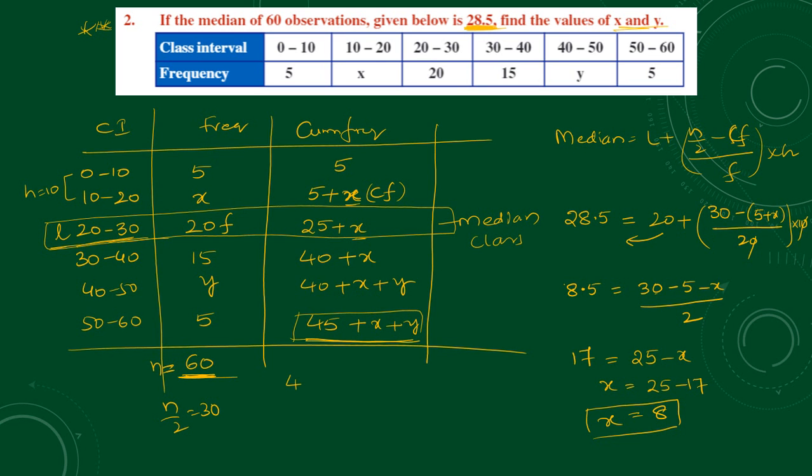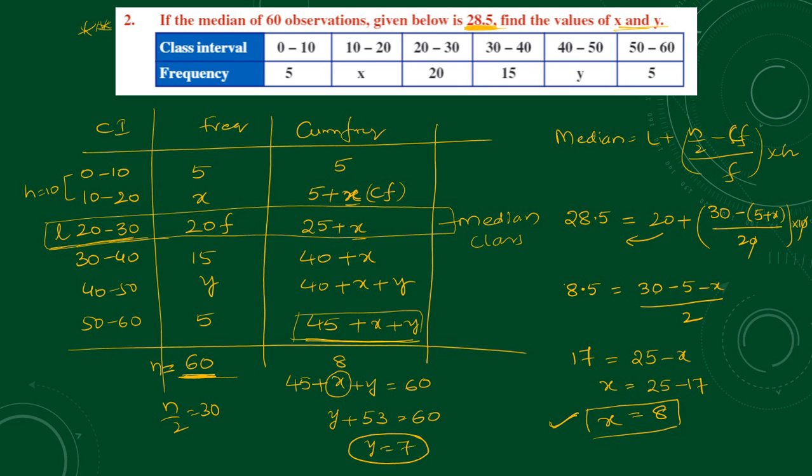So clearly I can say 45 plus X plus Y is equal to 60. Instead of X, if I replace with 8, 45 plus 8 is 53. So Y plus 53 is equal to, sorry, this is 60. So from this Y is equal to 7. So the value of Y is 7.